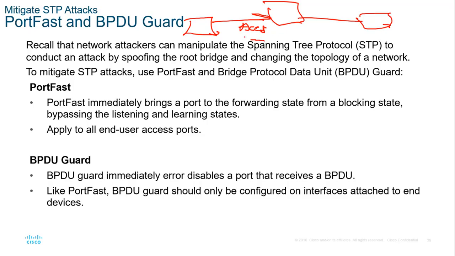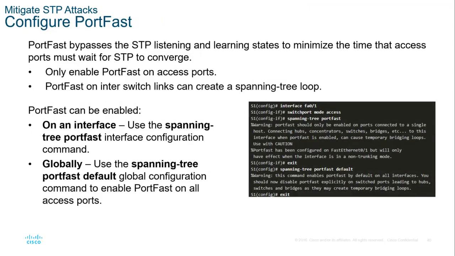On top of that, you should enable BPDU Guard, so that if this cable is connected to a switch, that switch should not send BPDU messages. And then you have to enable PortFast, so that every time you connect an end device, it immediately goes to the forwarding state. So the steps are here.